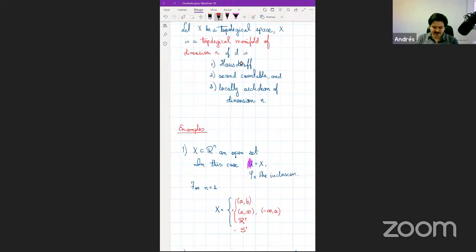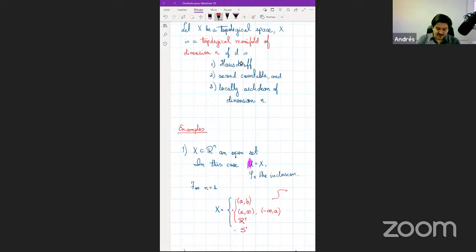If you think of a curve in R2, that will be homeomorphic to an open interval a comma b. Or a curve in R3, or Rn, it will be homeomorphic to the open interval.